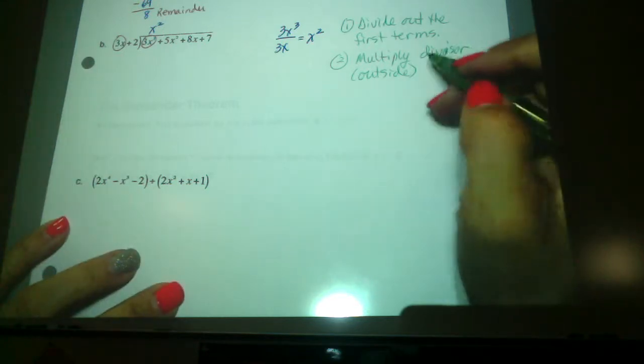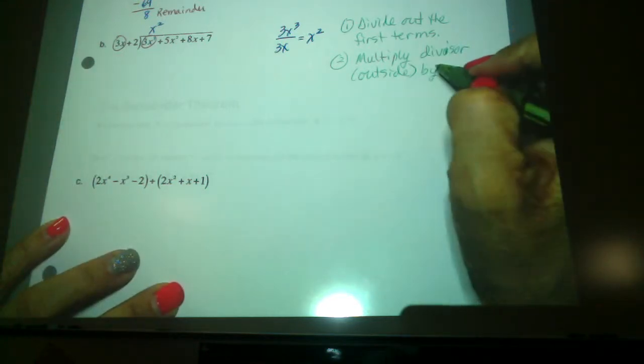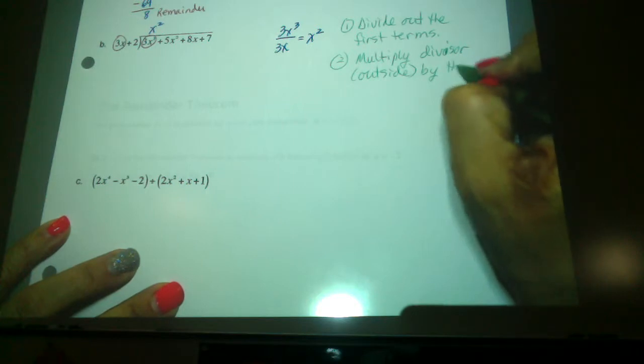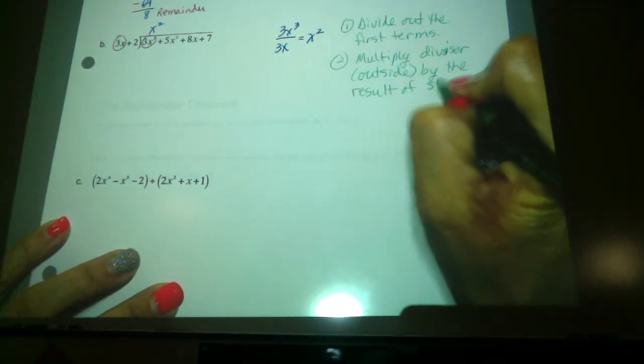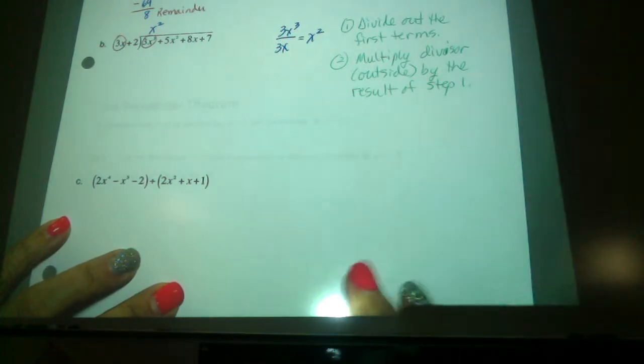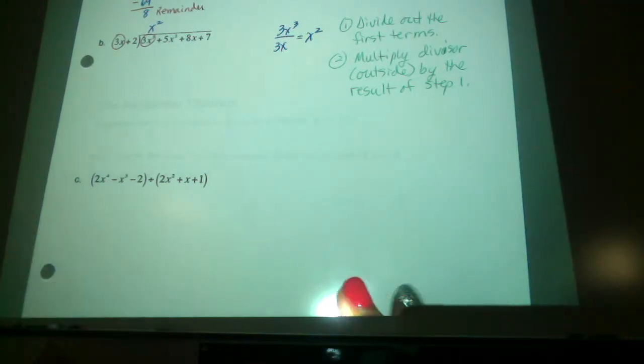We're going to multiply the divisor by the result of step 1. I'm having you write down the steps so you don't go home and forget.